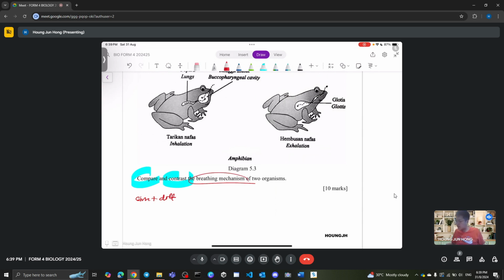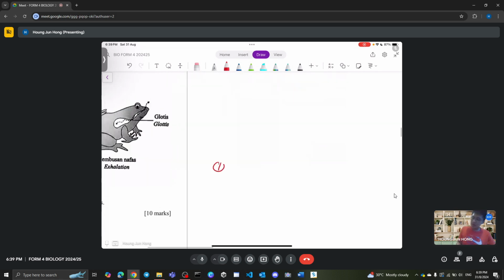So when you talk about breathing mechanism, it becomes a bit harder because previously we were always talking about what? We were always talking about the characteristic, right? We can talk about the organ and structure. Again, this is under characteristic. If it is a characteristic question, you can always talk about organ and structure.